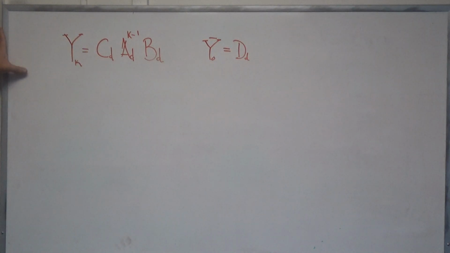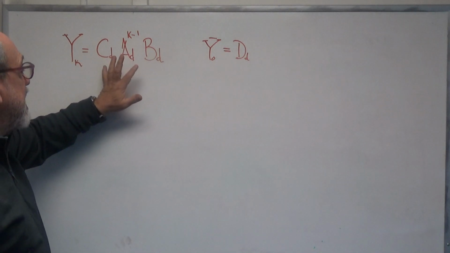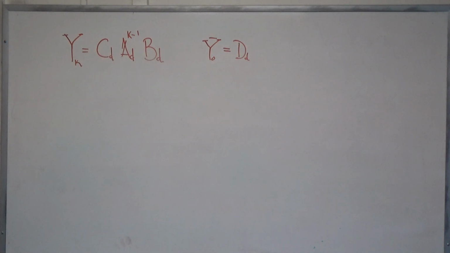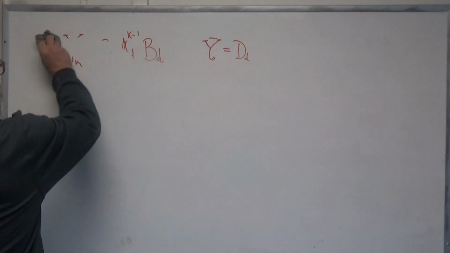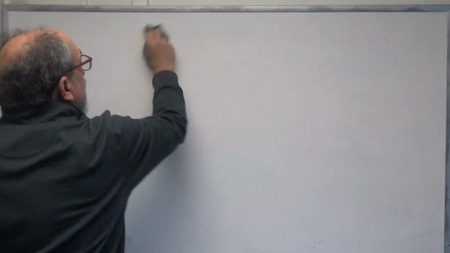So now what we wish to do is to untangle A, B, C from the available Markov parameters.